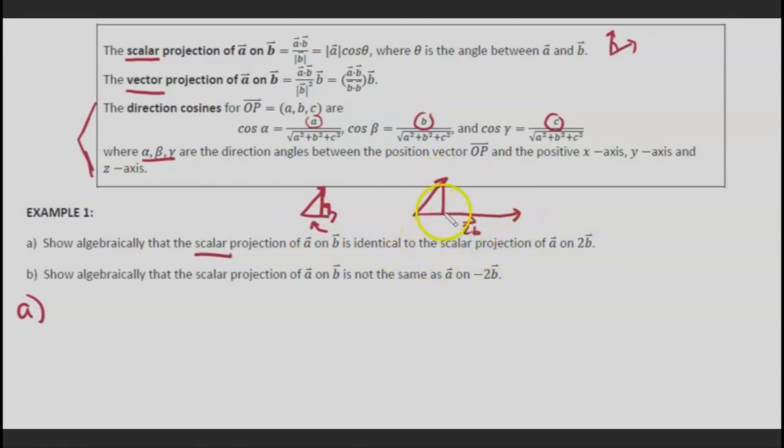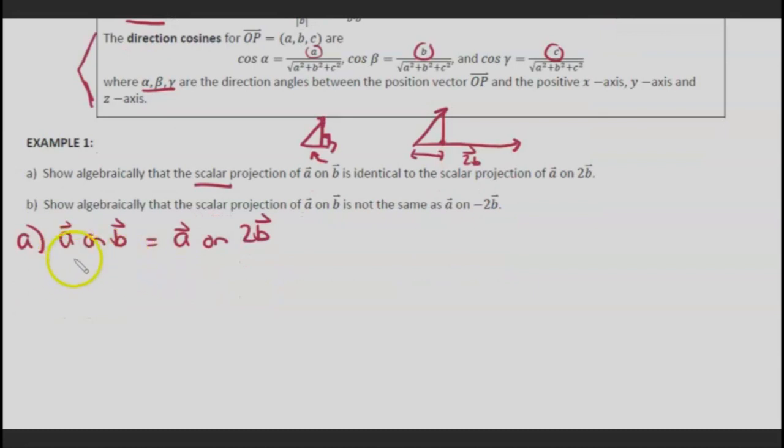The projection is still here, ON. So how do we show this? This is kind of a proof. We're going to go vector A on vector B, and we're going to show that it's equal to vector A on vector 2B.